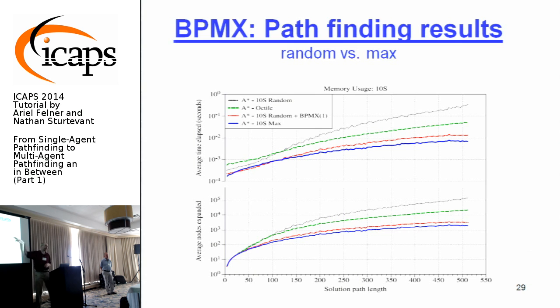The blue line is the sort of theoretical best case that you could get, but it doesn't apply here. The remaining two lines here, the red line says I'm going to use BPMX, and the gray line says I don't use BPMX. So this is an inconsistent heuristic, and it says this is an order of magnitude worse in node expansions when not using BPMX versus using it.